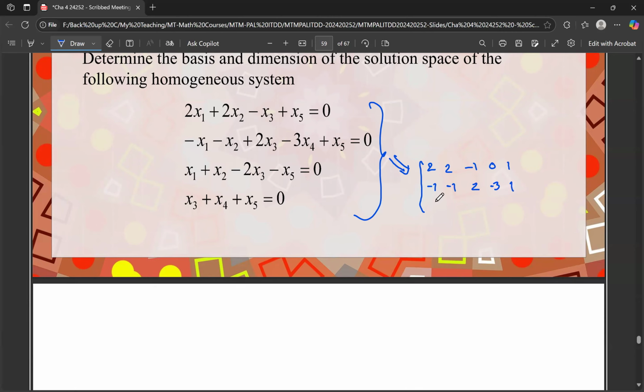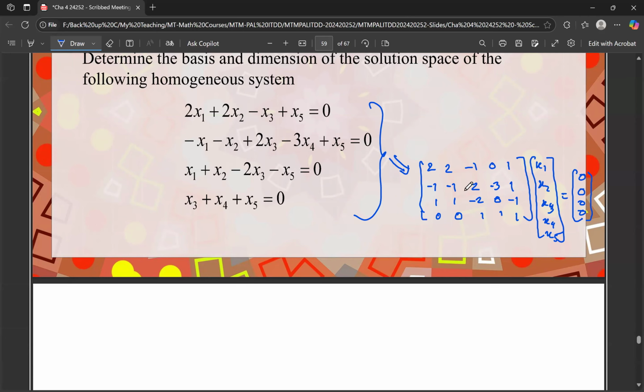And the third we have 1, 1, -2, 0, -1. And the fourth we have 0, 0, 1, 1, 1. Multiply it by x1, x2, x3, x4, and x5. Then in the right side we have 0, 0, 0, 0.